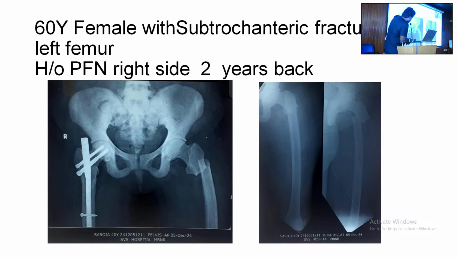And this comes under Russell-Taylor classification type 1A, non-involvement of piriformis fossa. Is it normal pattern fracture or something else? This is called atypical fractures, no? Yes, sir. What are the types you get? Bone density is there. Porotic, sir. It appears porotic. It means people who have used these bisphosphonates.